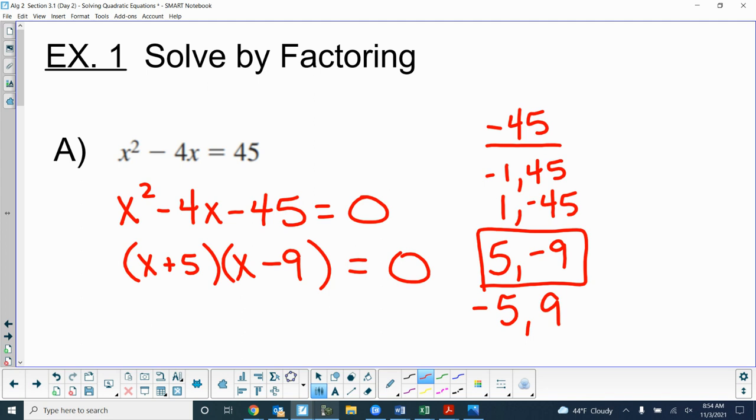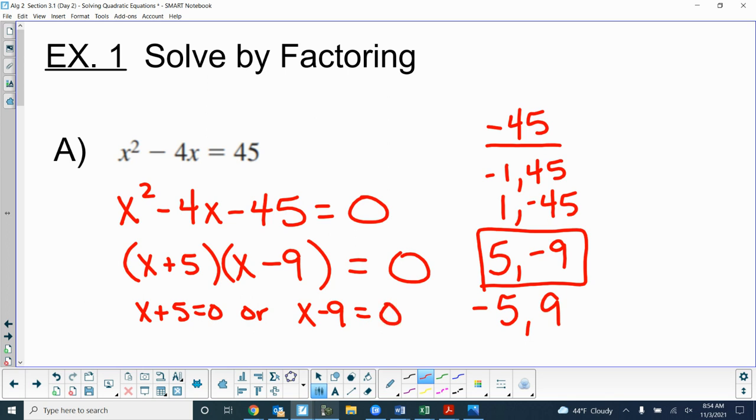Now, if I multiply a number times another number and the answer is 0, what must be true about one of those two numbers? If the answer is 0 and I'm multiplying two numbers, one of them has to be 0, right? That's called the zero product property. So either this x plus 5 equals 0, or this x minus 9 equals 0.